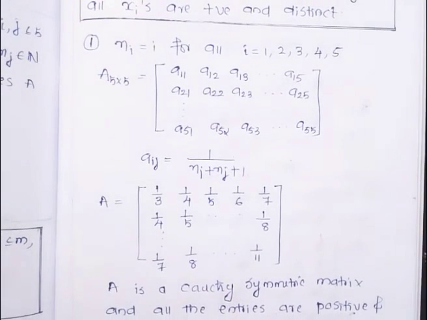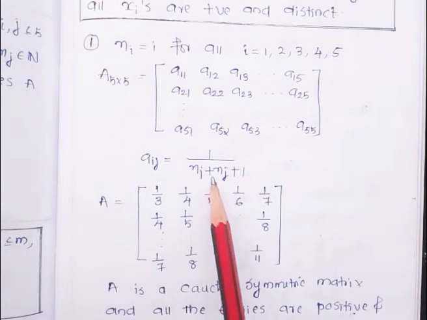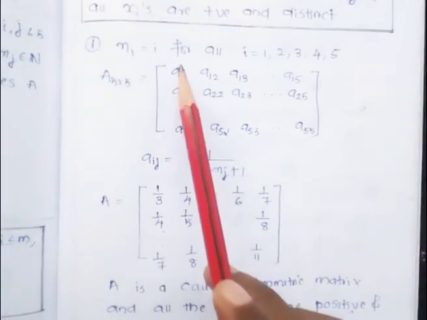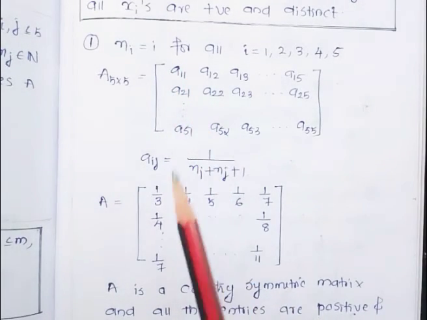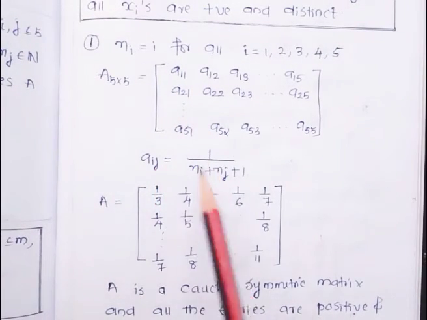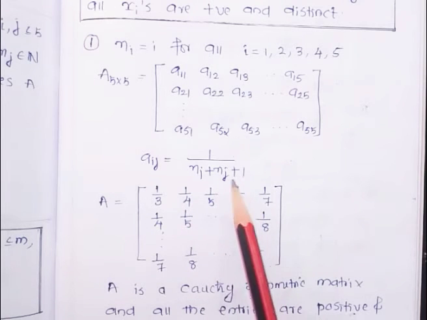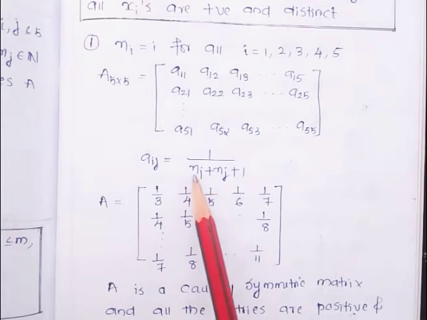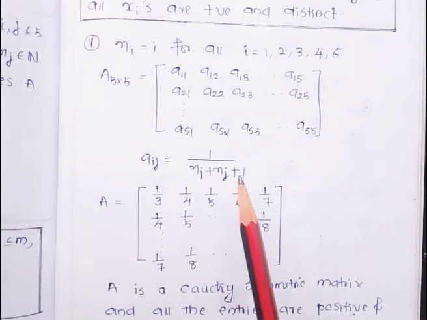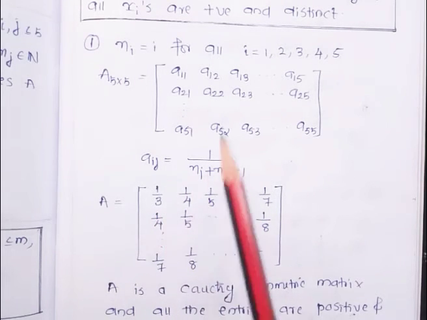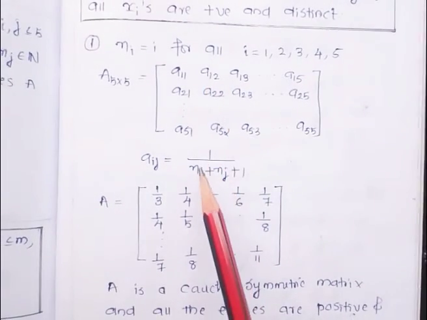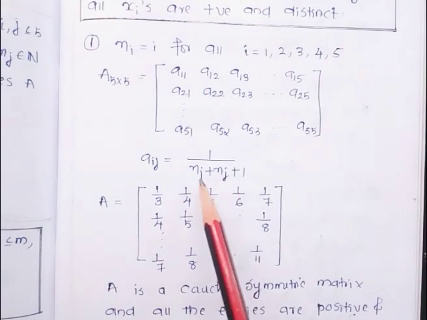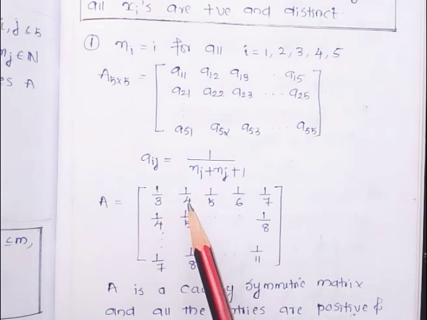For the first element, a11 = 1/(n1 + n1 + 1) = 1/3. Similarly, a12 = 1/(n1 + n2 + 1) = 1/(1 + 2 + 1) = 1/4.